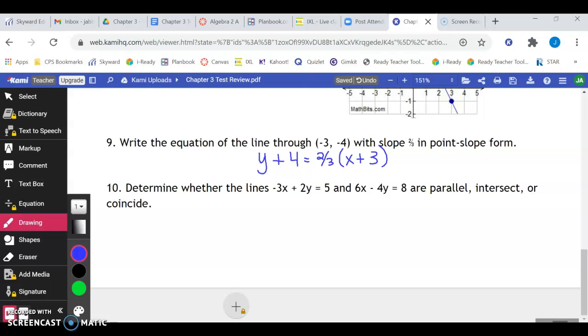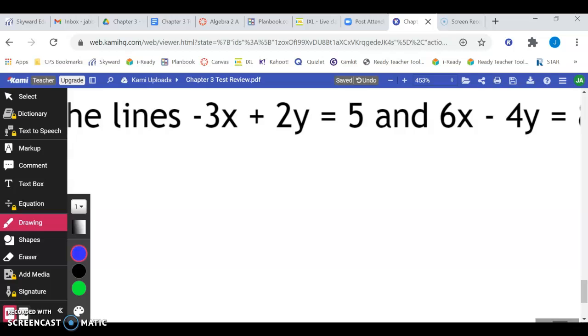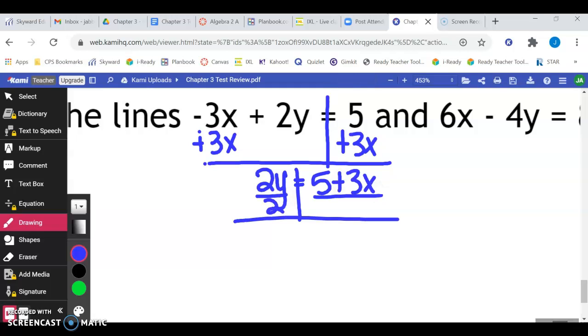In our last question, we have to determine if these are parallel, intersecting, or coinciding lines. So we have to solve them both for y before we can do that. So I'm going to add 3x to both sides. And then I have to divide everything by 2. So I'm going to have 5 over 2 plus 3 over 2x.